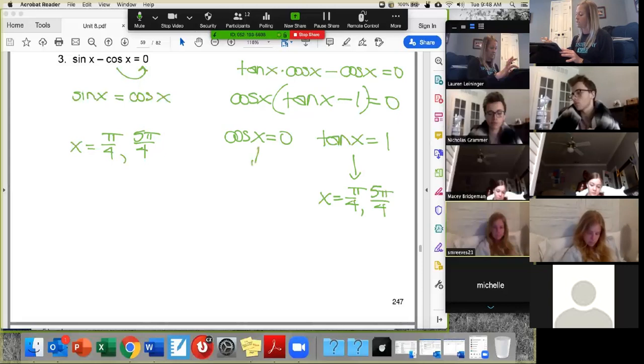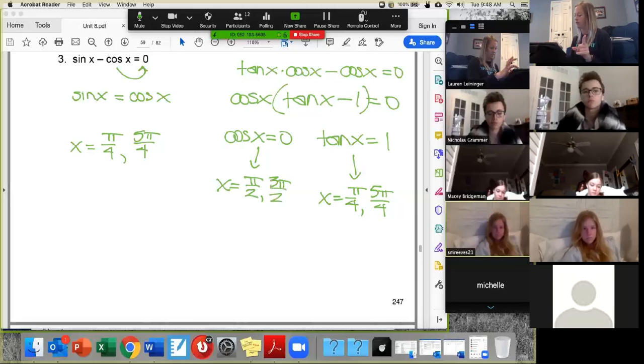What you're going to run into in this one, cosine being equal to 0, where does that happen? Pi over 2 and 3 pi over 2. Why do we not see those answers in mine over here? It has to do with this representation that you just used, tangent.